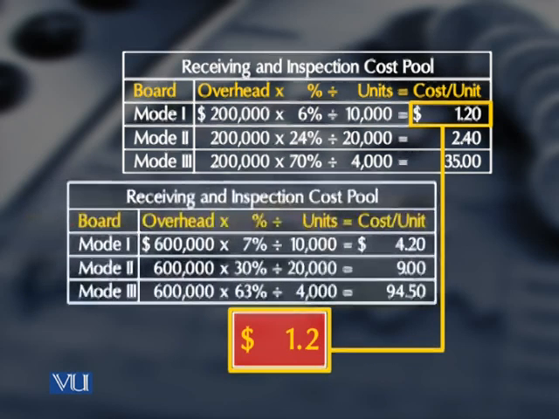Now the material handling cost pool: the total overheads for that cost pool is 600,000, and the services required in percentage terms are 7%, 30%, 63%. So we take 7% of 600,000 and divide by the number of units we produce in Model 1, that is 10,000. Similarly for 2 and for 3, you can work out the per unit overhead absorbed.